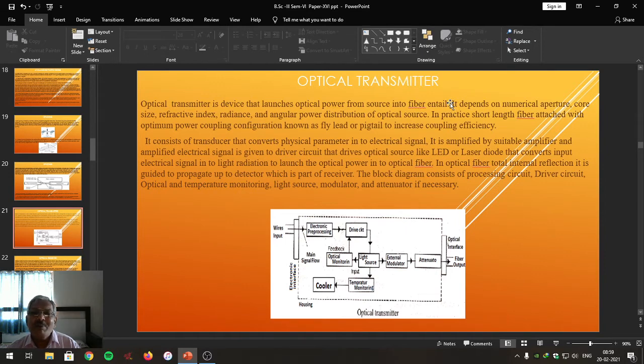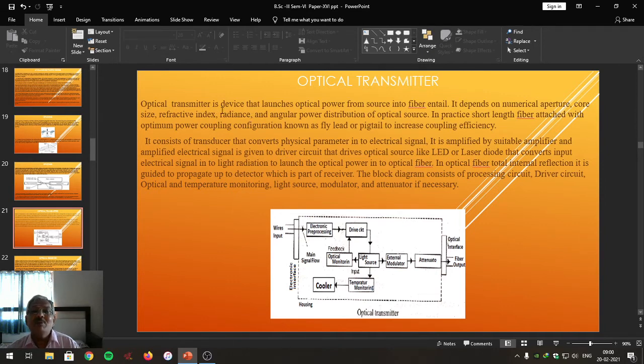So the maximum amount of optical power should be launched into the optical fiber, and this launching depends upon the numerical aperture of the optical fiber, then the core size, then the refractive index of core and cladding.